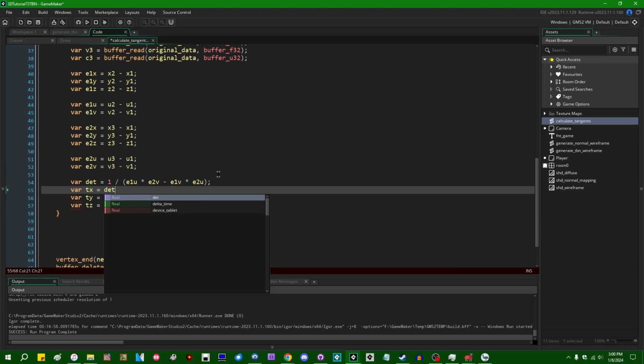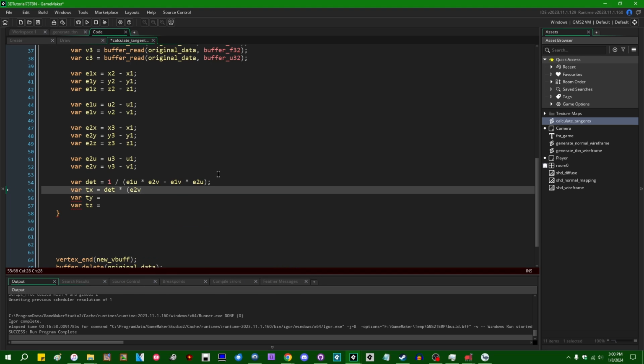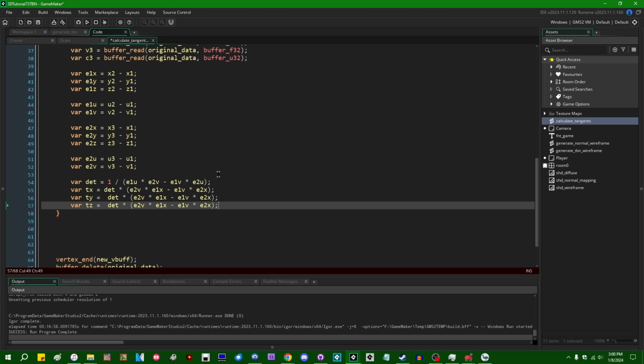Tx is going to be det multiplied by e2v multiplied by e1x minus e1v multiplied by e2x. That all in parentheses, so that quantity.